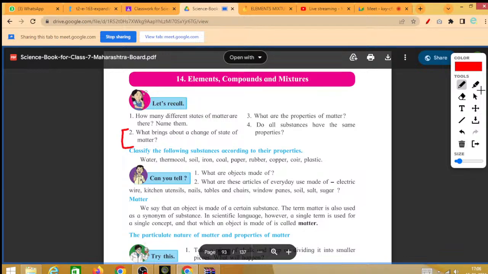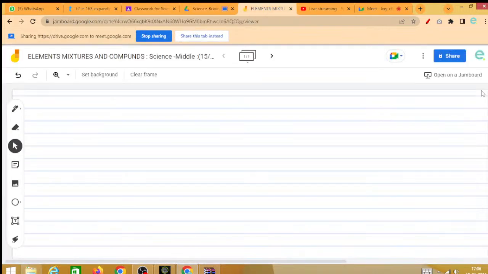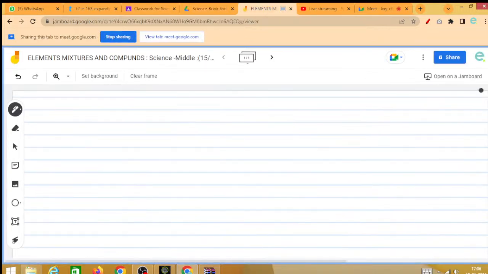What brings about a change of state of matter? What did we say? There were two things which bring about a change. What are the two things? Harshal? Miss, what is the question?